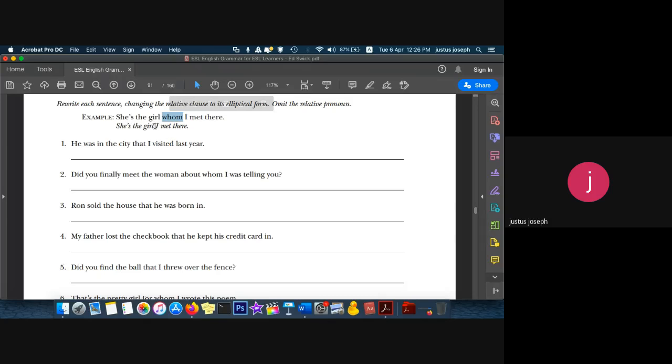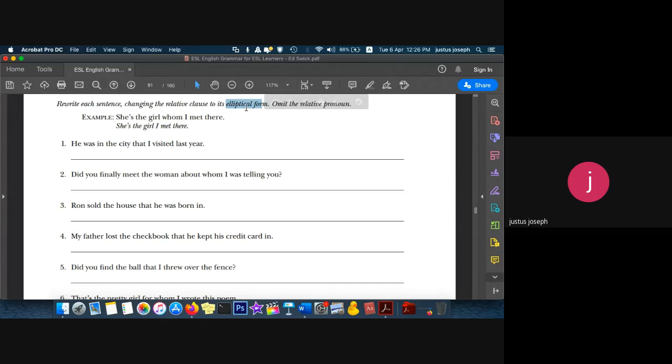In elliptical pronouns, all you need to learn is that we generally omit this relative pronoun that we learned about: which, whom, that, all these words. Sometimes we can omit this. This kind of usage is called the elliptical form of relative pronouns.